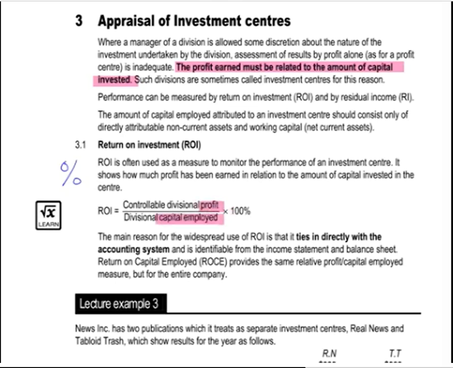over capital employed. Now that should sound pretty familiar because we calculated ROCE, which was our profit before interest and tax over capital employed. All we've done to change our calculation this time is to put the words controllable and divisional at the start of our calculation.